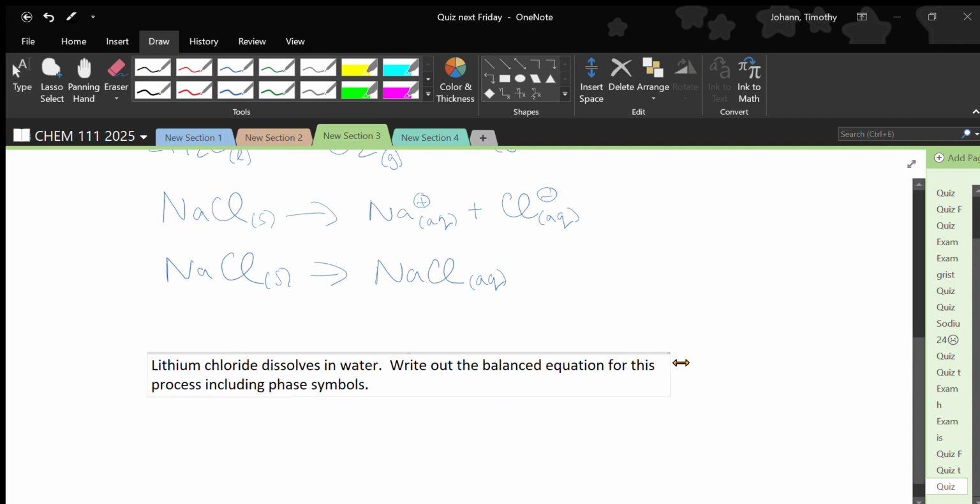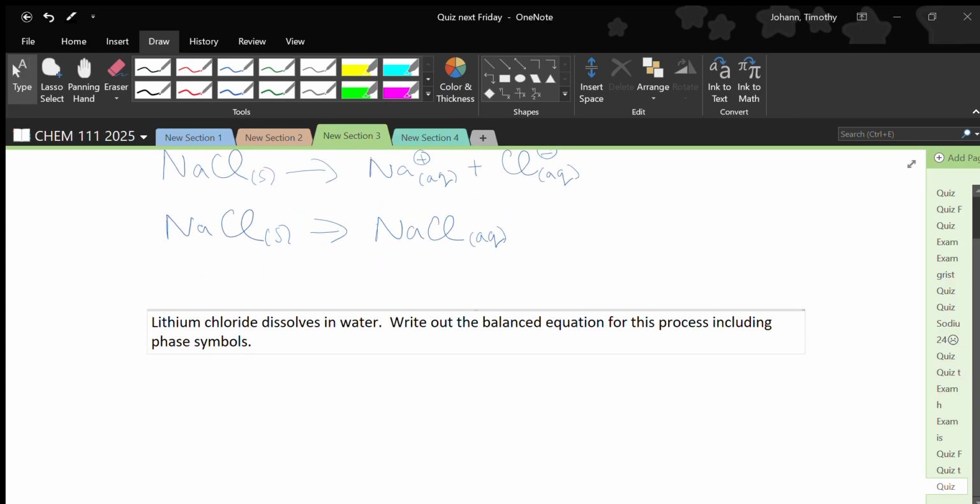All right, so this is a way that I would test that you could pick up on the context clues for which phase symbols you're supposed to use.